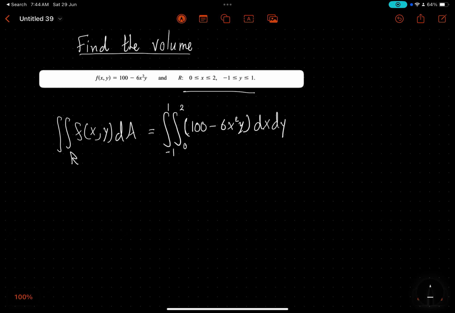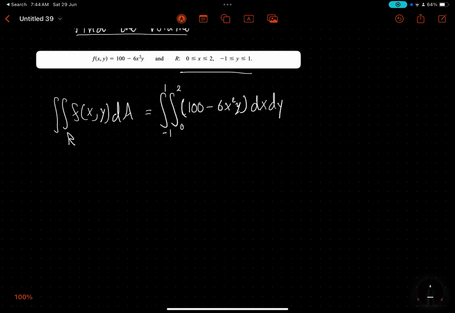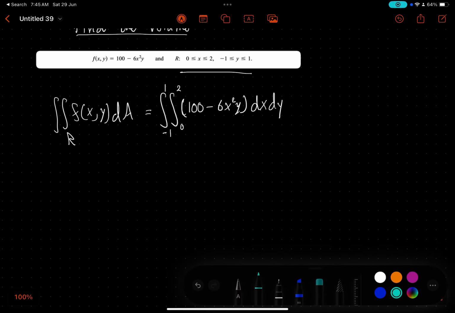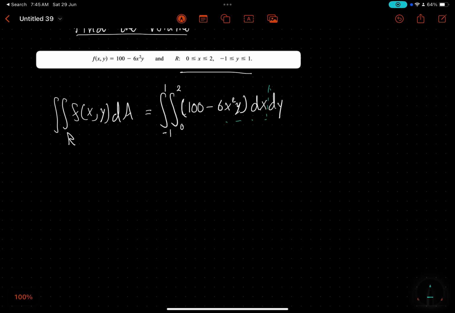And now we integrate. Now how do we integrate this? Well, basically we're going to integrate as we do with regular integrals, but we're going to do it one at a time. So first we're going to take the inner part, the inner integral, and evaluate it as a regular integral, of course taking any variable other than x as constant.